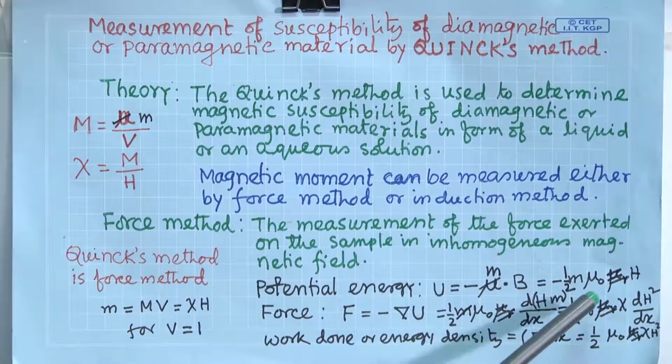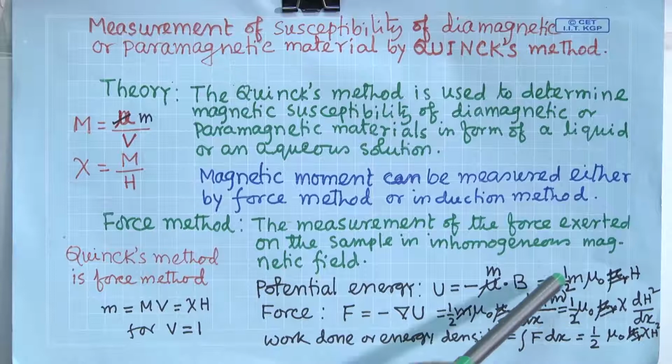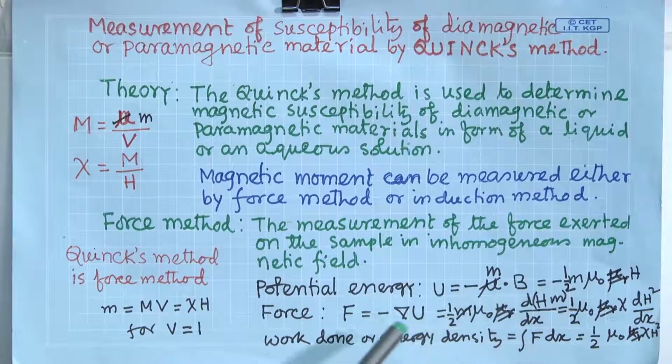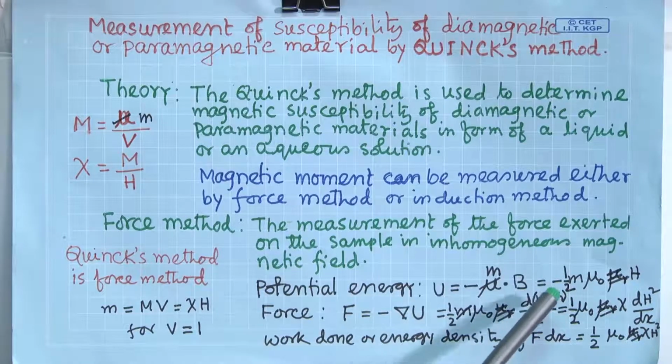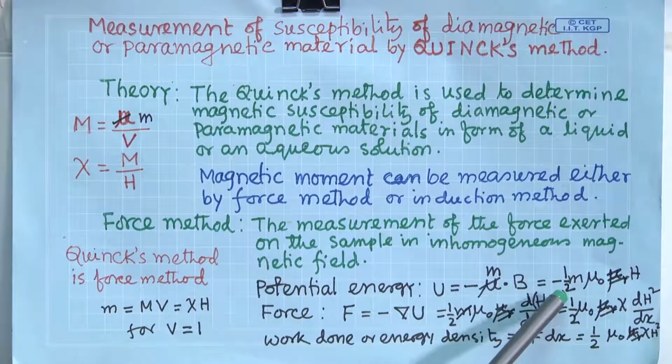Mu 0 is constant, half is constant, and the minus sign will go. So, half m mu 0 d h m by dx. Now, m is the magnetic moment.